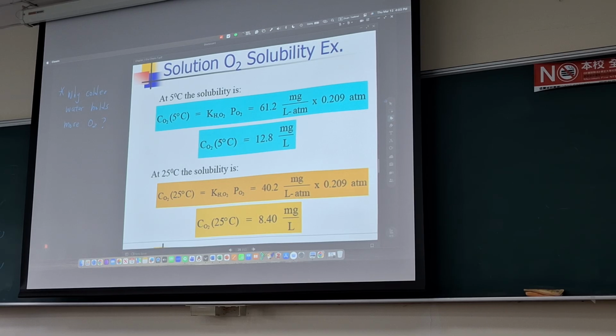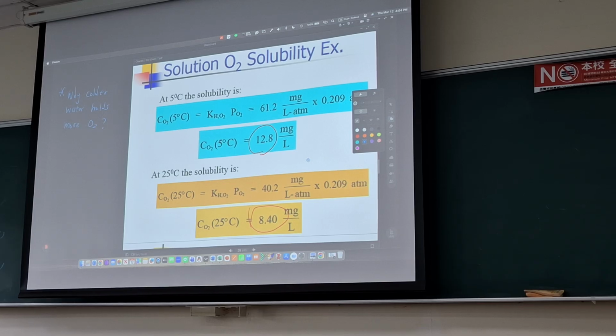After you get the answer, just like when you do experiments and get a result, you need to explain it, right? So why do colder waters hold more oxygen? Anyone want to share your thoughts? Don't forget I have the student list here.